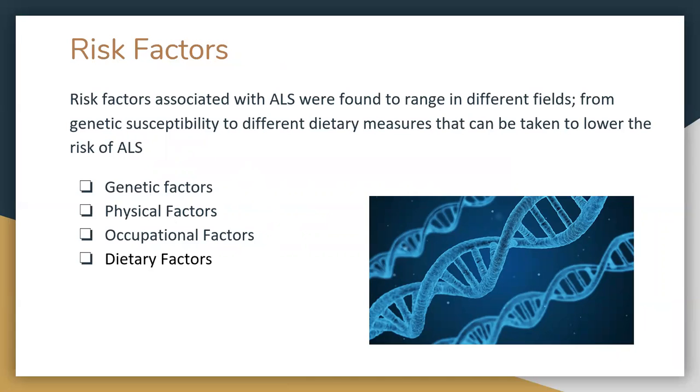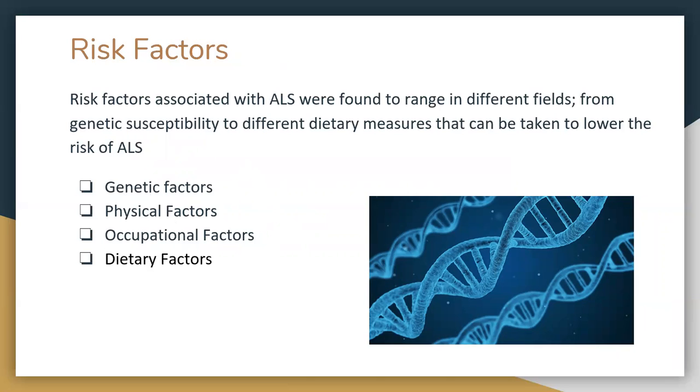Two of the major genetic combinations of ALS known to date are the C9orf72 gene and the SOD1 gene, which are both protein coding genes.